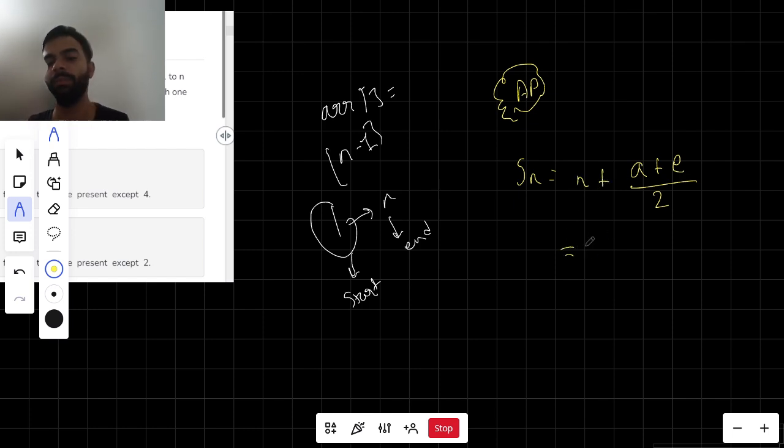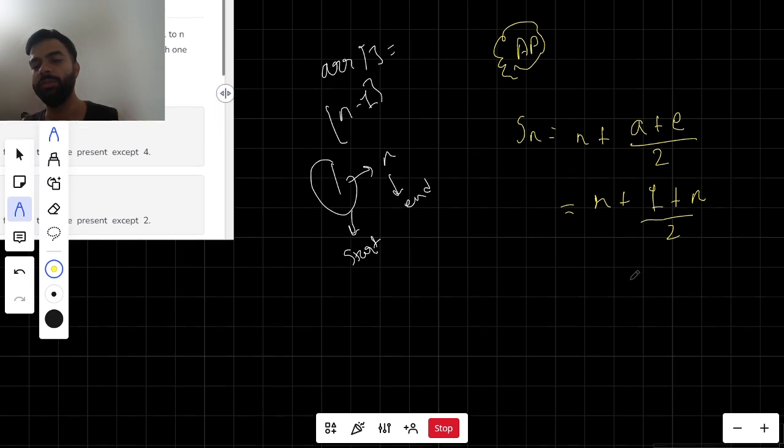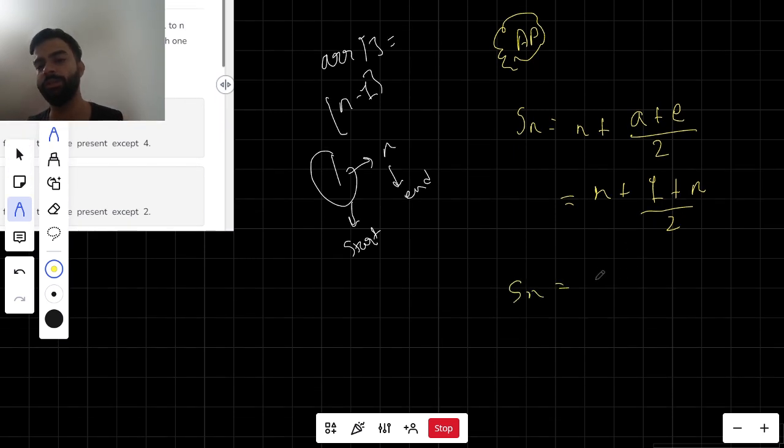In our case, the first term is 1 and the last term is n. So I can write the sum as n into 1 plus n by 2.